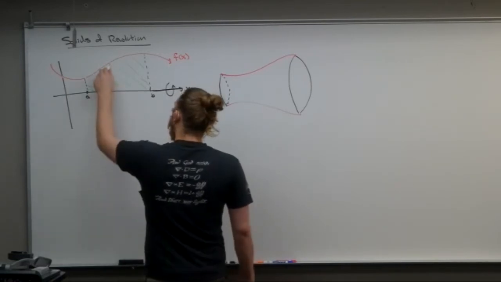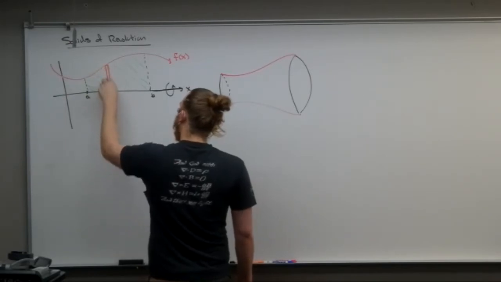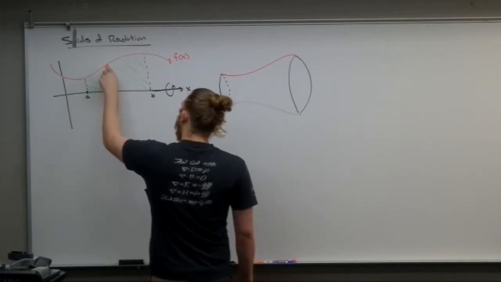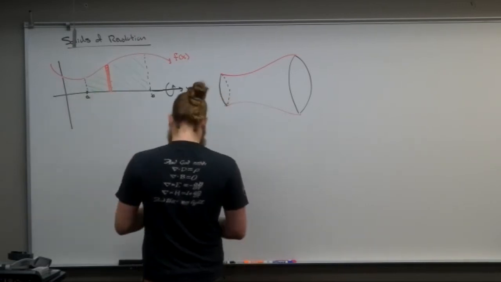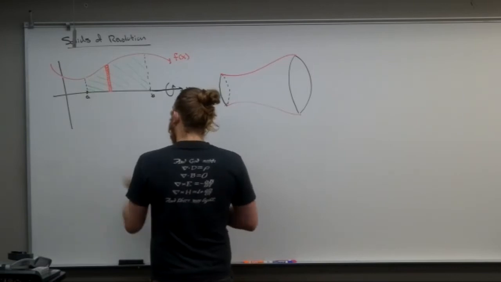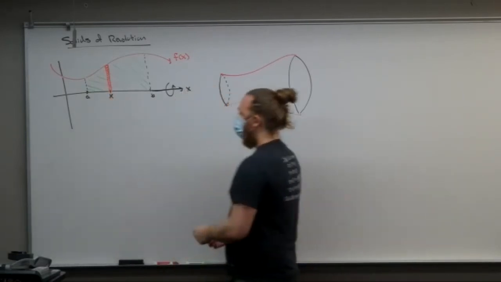is come in here and draw a little differential thickness strip perpendicular to the axis of rotation at an arbitrary x value, x.